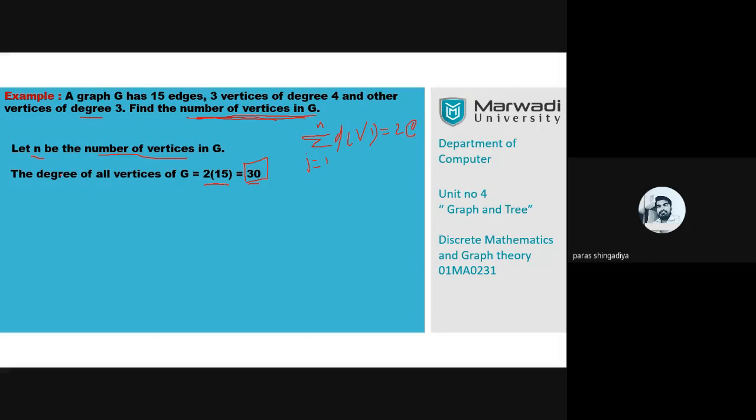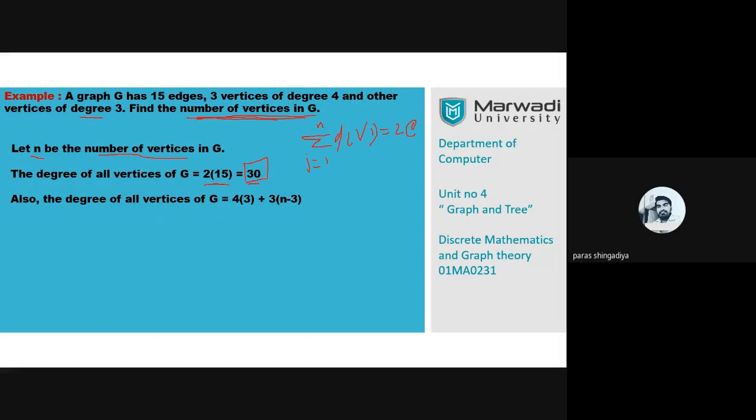So now we need to identify how many vertices are involved in this graph such that the sum of the degrees of all vertices becomes 30. So now we have to apply the formula.